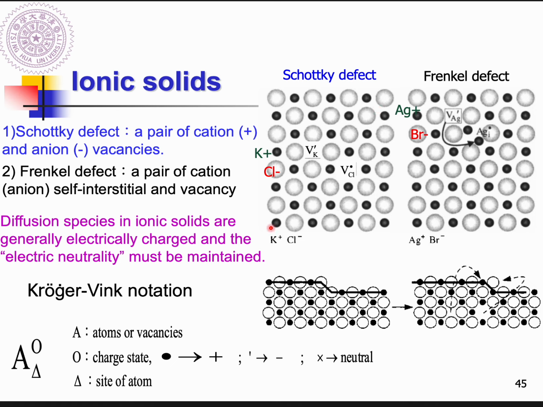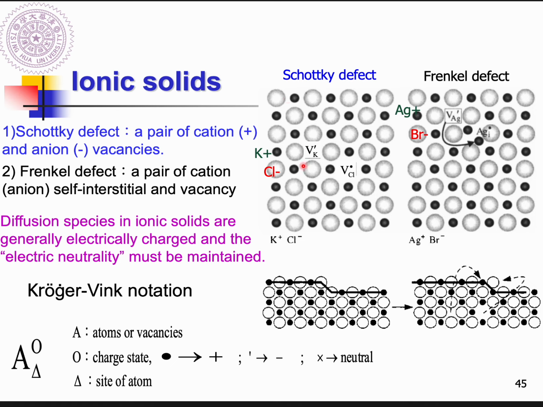Let's take potassium chloride as an example. You can observe the larger white ball is the chloride ion, and the small black ball is the potassium ion.